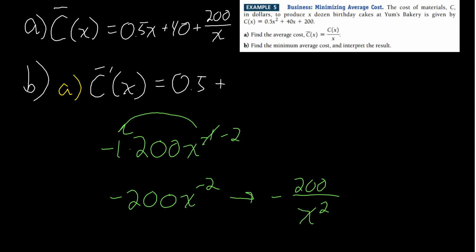If you forgot how to do it, that's how we do that. We're going to do it again, but in our head next time when we get to the second derivative.